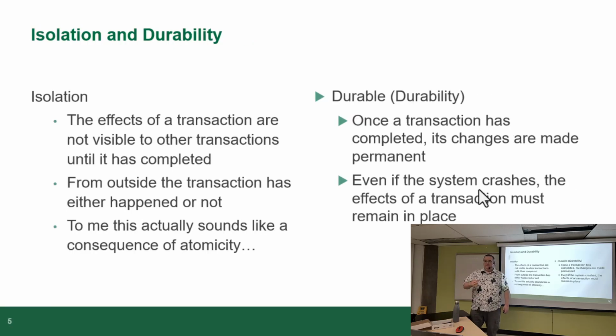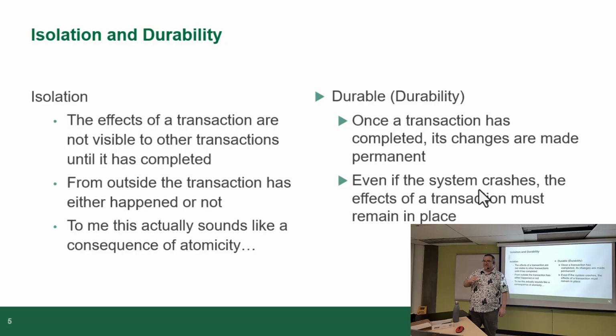Isolation. The effects of a transaction are not visible to other transactions until it's completed. Every transaction runs in its own bubble universe, and when it finishes, the bubble pops, then everybody else can see what was inside that bubble. From outside of the transaction, either the transaction has happened or it has not.